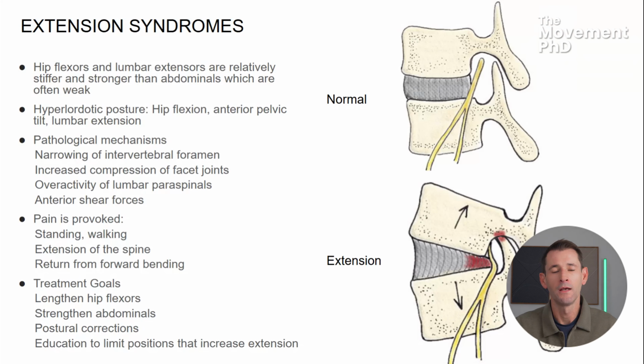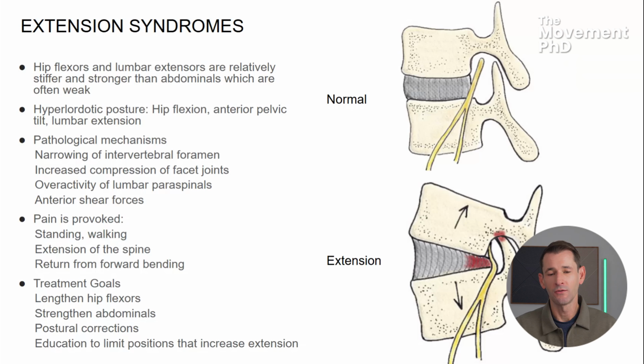So remember, in extension, we're getting a narrowing of that intervertebral foramen. So that narrowing can put compression pressure on those spinal nerves as they exit. So stenotic or stenosis types of situation here. The other thing that's going to be loaded is those facets, because in extension, those facets are downsliding, which is a compressive force on those facets.